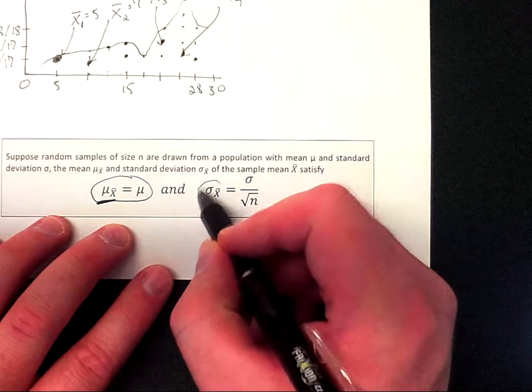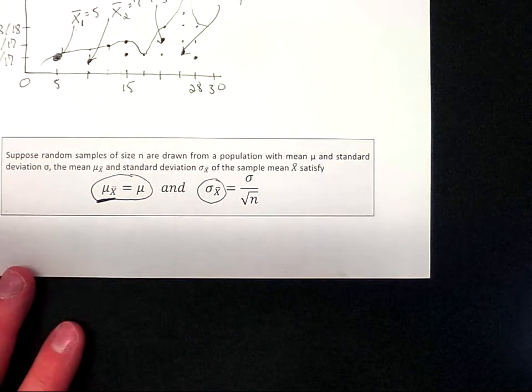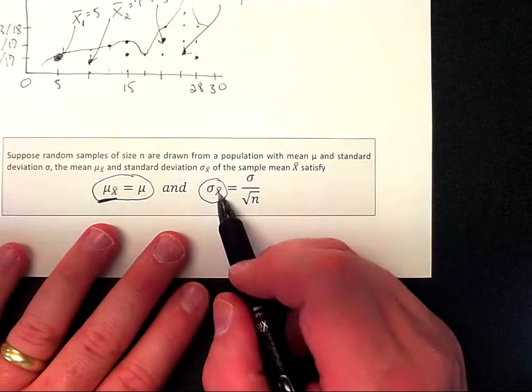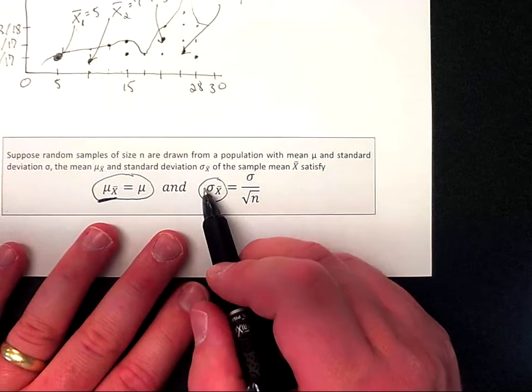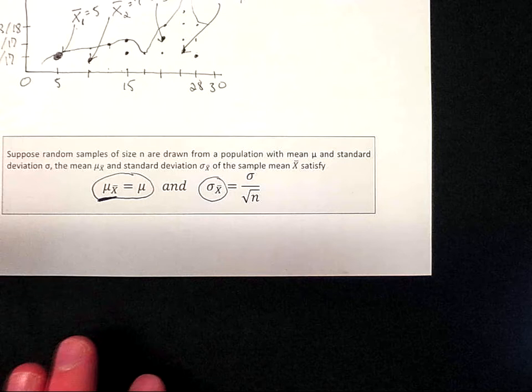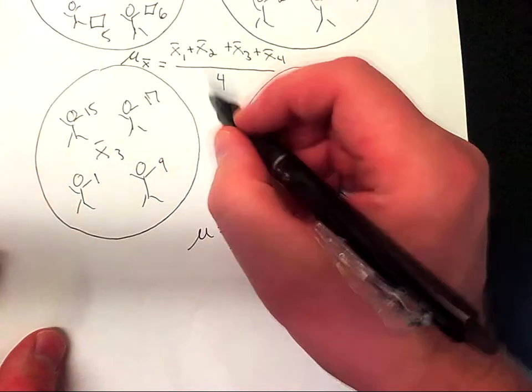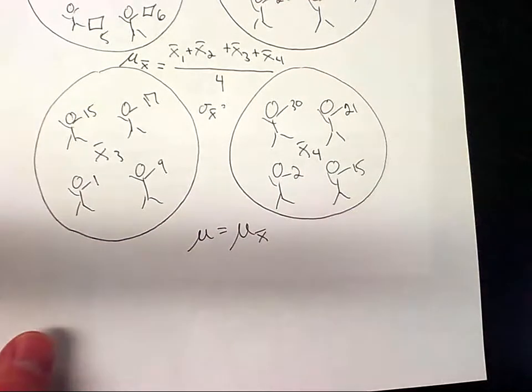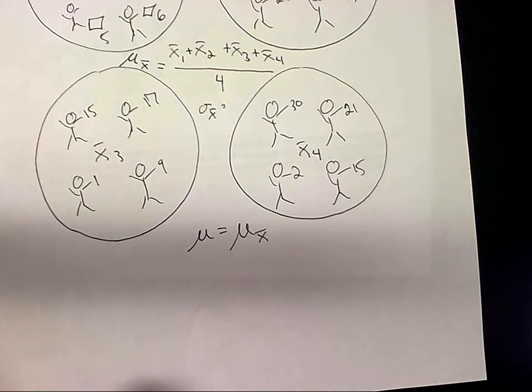If we calculate the average of all of those groups, and then we calculate their standard deviation, so here, instead of calculating their average, we're going to calculate the standard deviation of those numbers. And you guys know how to calculate the standard deviation of 4 numbers.